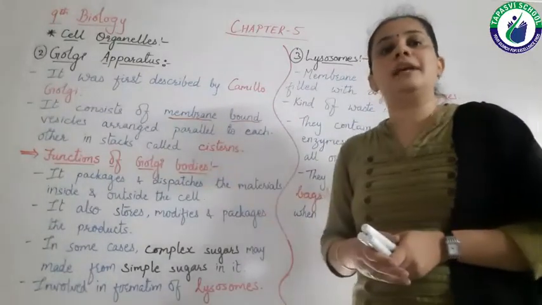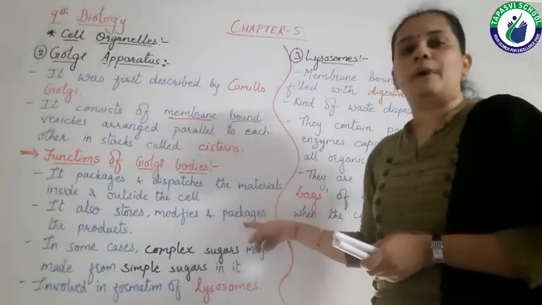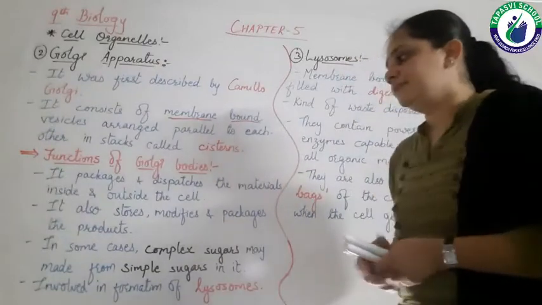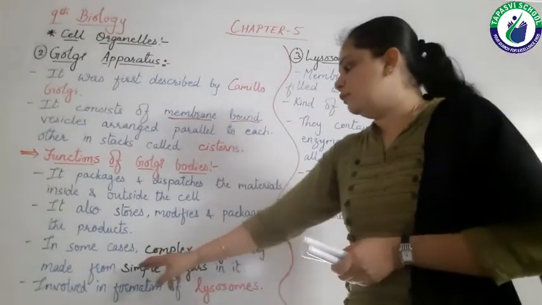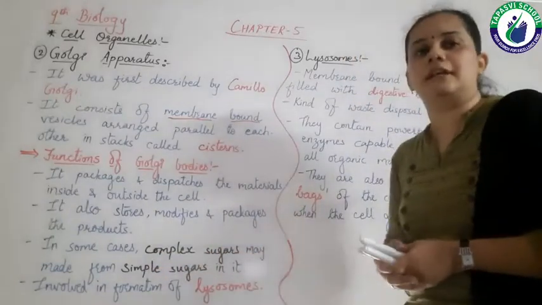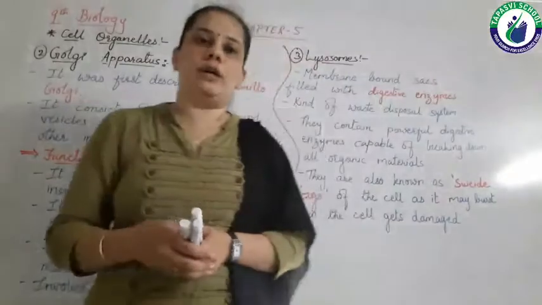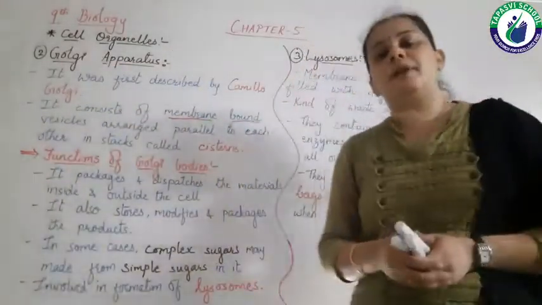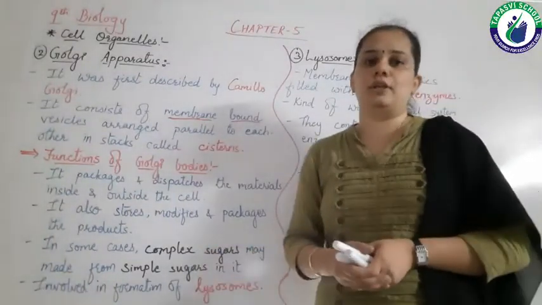Then they get modified here, and then the Golgi apparatus packages and dispatches the different materials. In some cases, complex sugars may be made from simple sugars in it. We know complex sugars like starch, carbohydrates, right? So these are made in the Golgi apparatus from simple sugars.